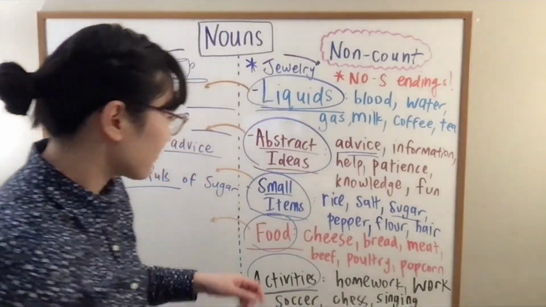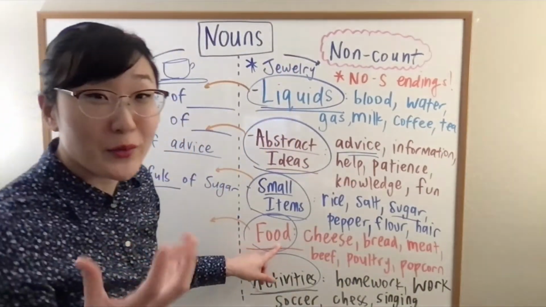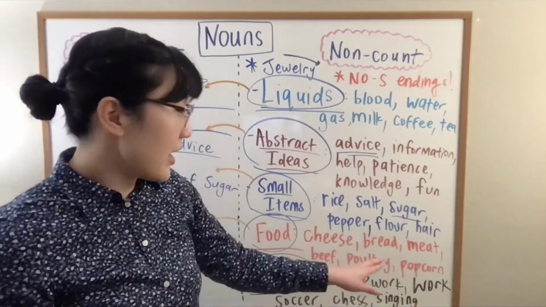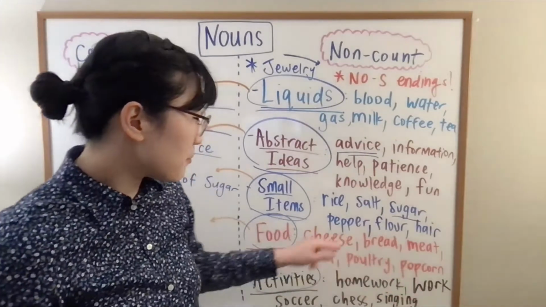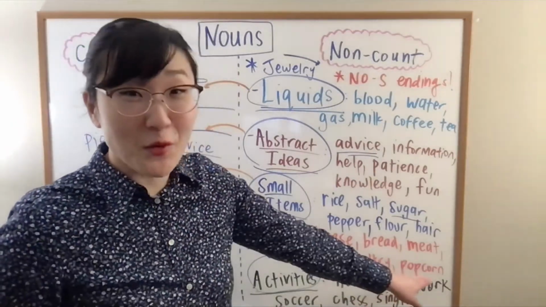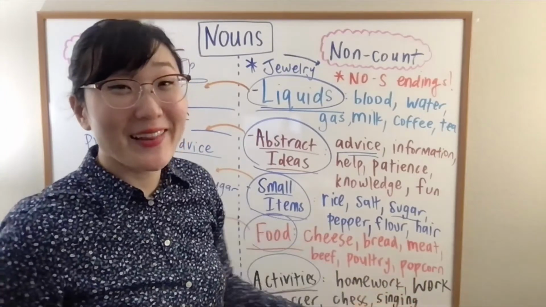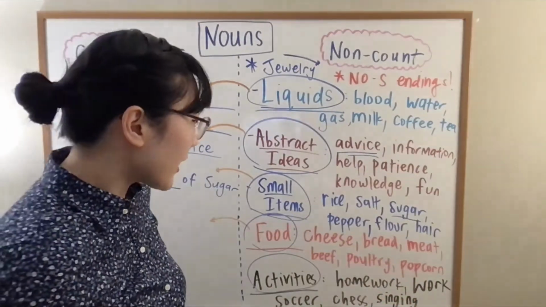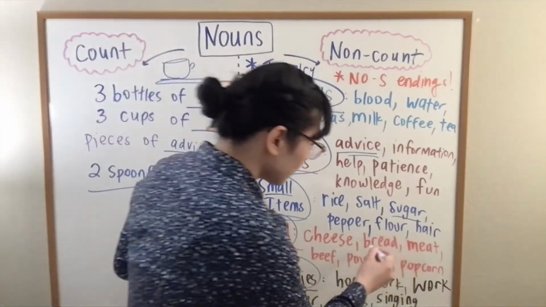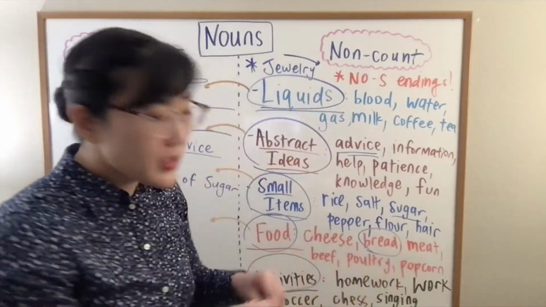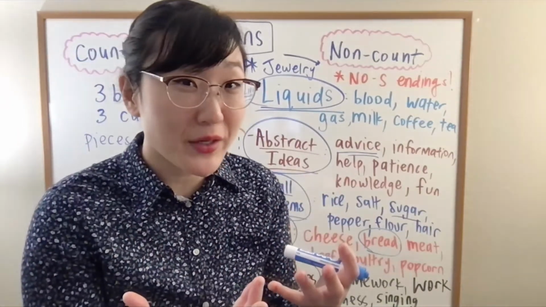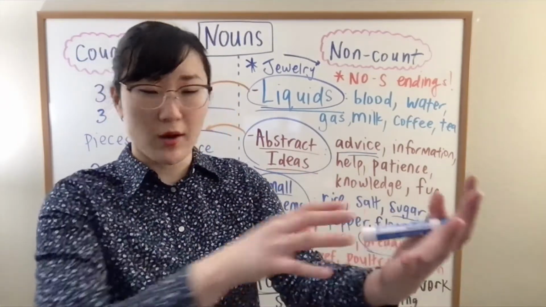All right. Now, food. Oh, we love food. So, cheese, bread, meat, beef, poultry. Poultry is chicken. Popcorn. Oh, I love popcorn. I love going to the movies. Okay, let's look at the example with bread. So you cannot count bread. I know that's very weird because you say, wait, this is 1, 2.